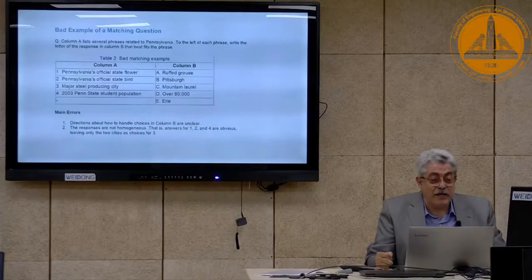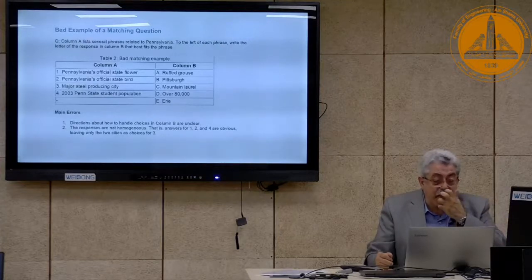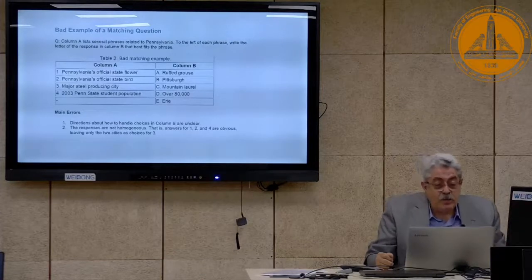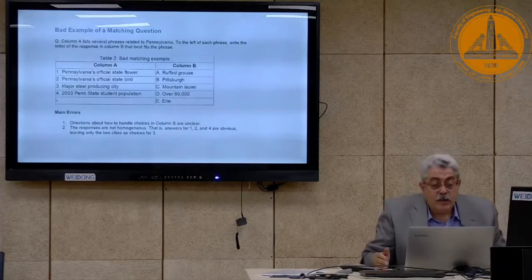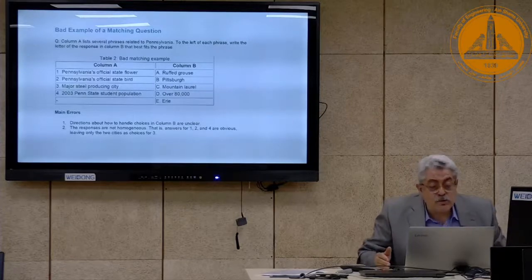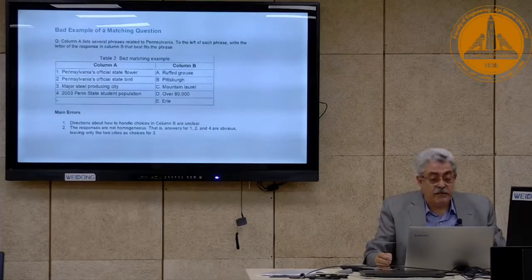In column A: Pennsylvania's official state flower, Pennsylvania's official state bird, major steel production city, 2003 Penn State student population. Column B is: ruffed grouse, Pittsburgh, Mountain Laurel, over 80,000, and Erie.